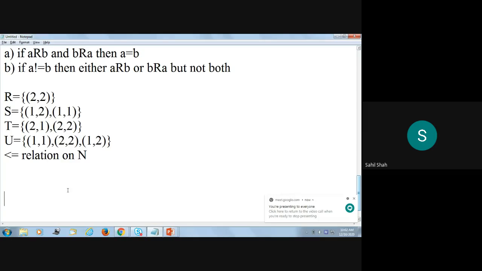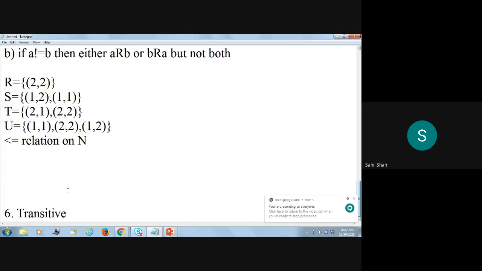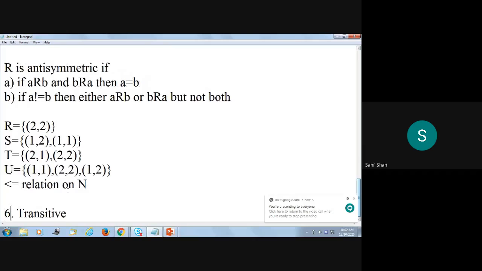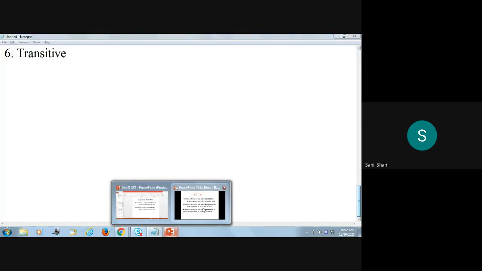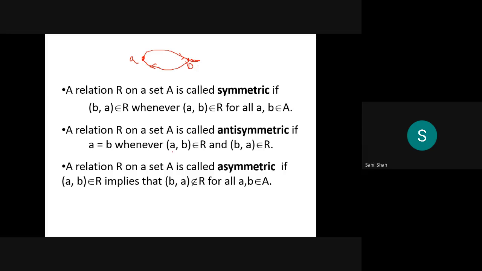Okay. Now moving towards the last property of binary relation, which is transitive. A binary relation is said to be transitive if. Let's check the slides. Whatever I discussed so far is written here.